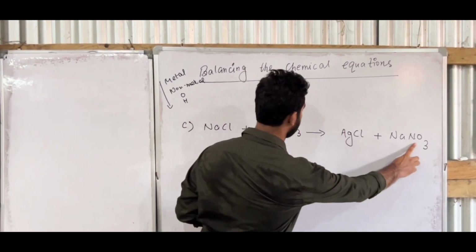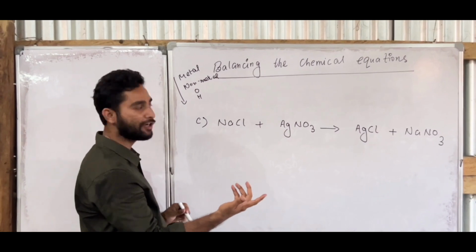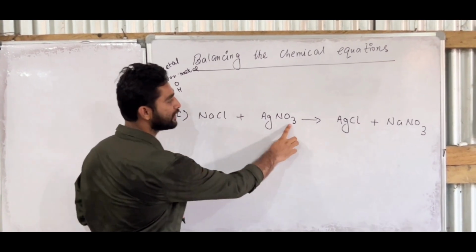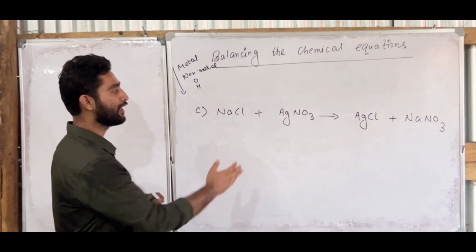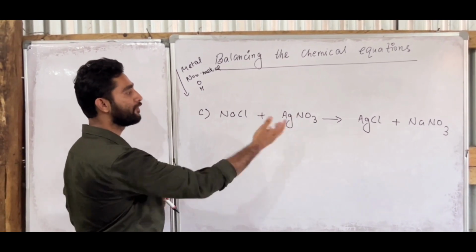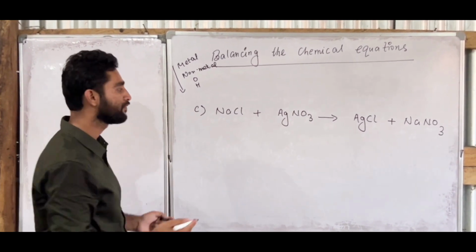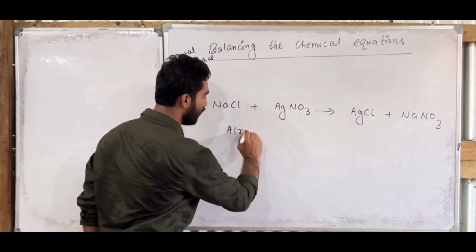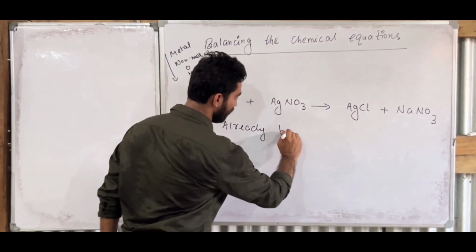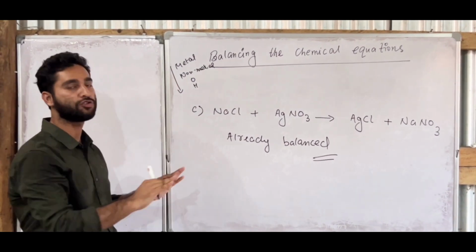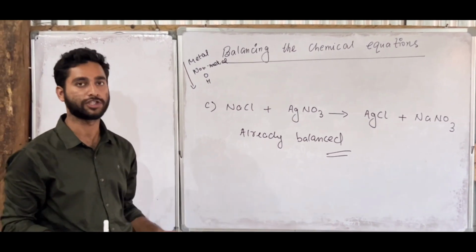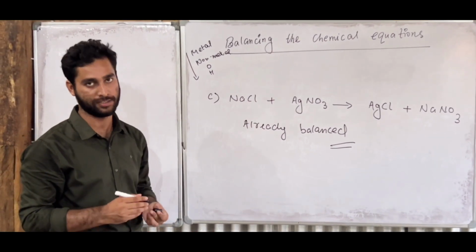Nitrogen 1, nitrogen 1. Then try to balance the oxygen. Oxygen this side 3, this side 3. That means this reaction is already balanced. The number of atoms in the left hand side and the number of atoms in the right hand side are same. So there is no need to balance the chemical equation. It is already present in the balanced state.